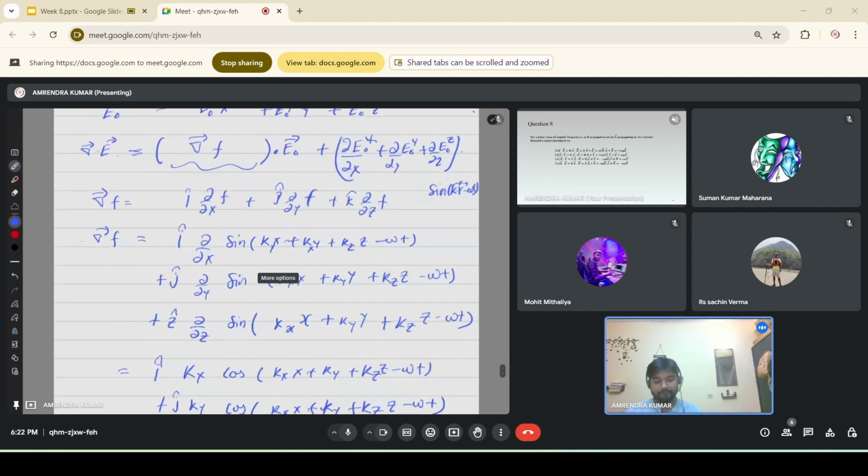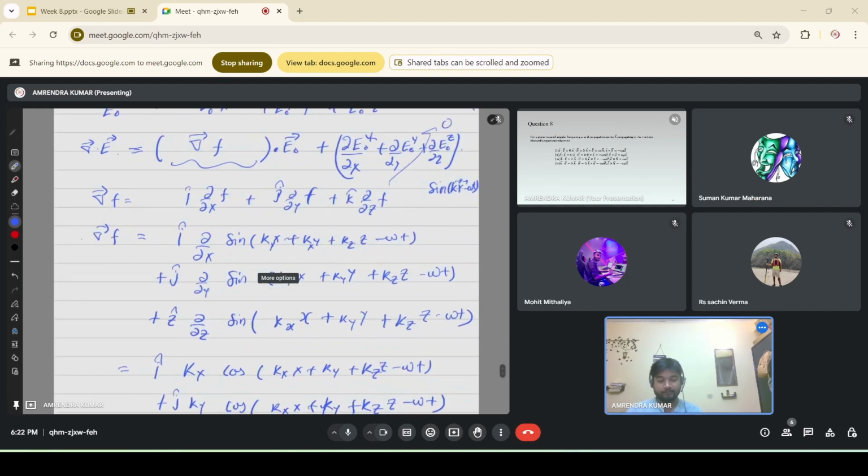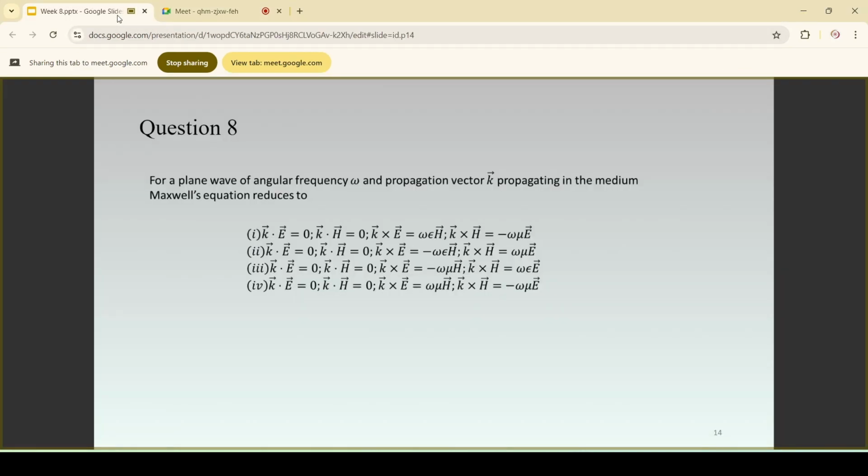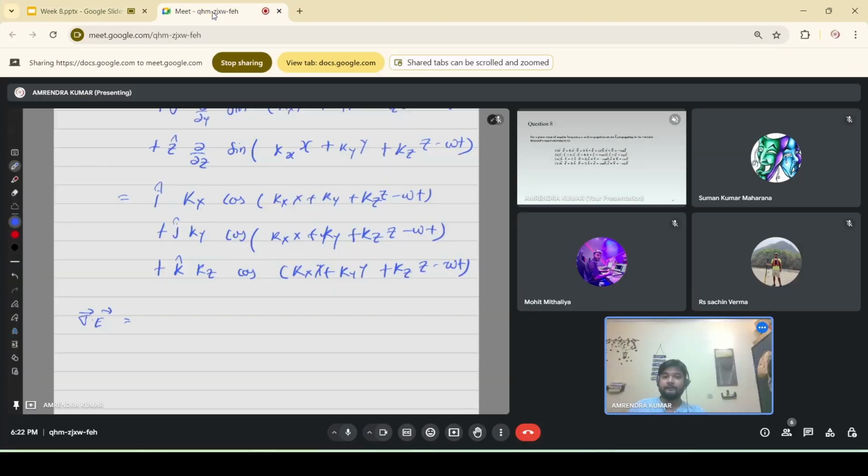So the second term goes to zero. What we have is del dot E. Del dot E will be zero. Okay, so for a free space, it's zero.